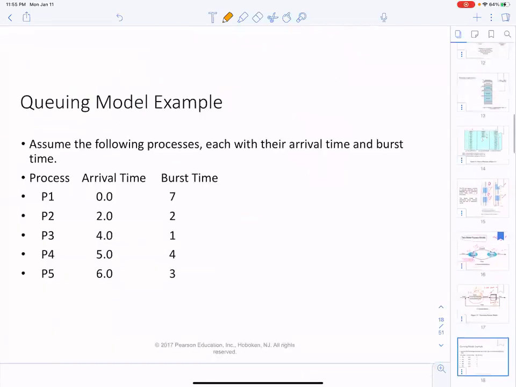Now I would like to go over some quantitative analysis about how to assess the performance of the scheduling system provided by the operating system if you do have one single queue.